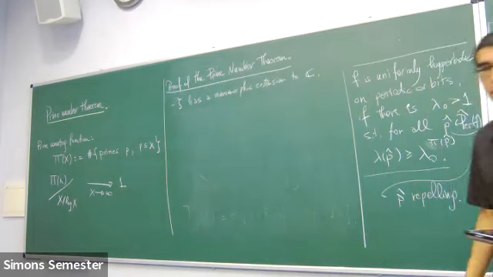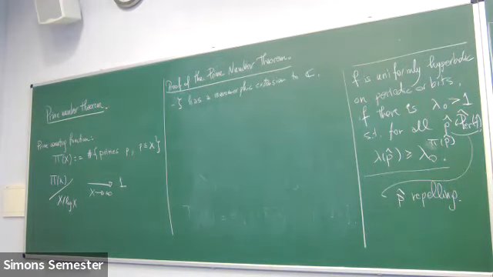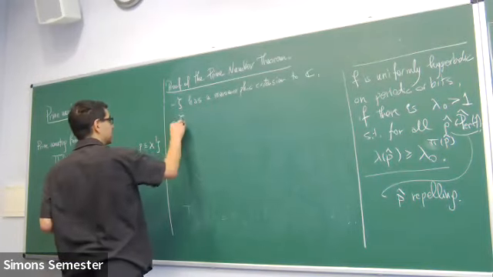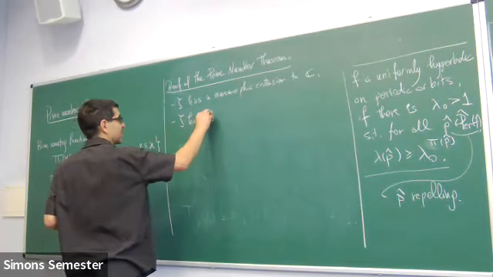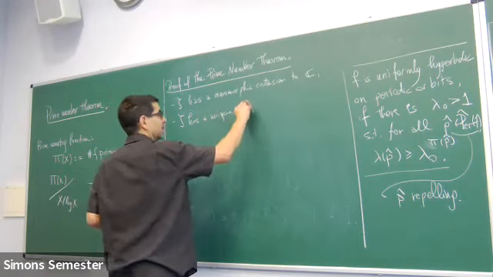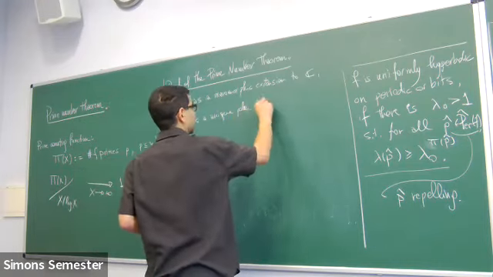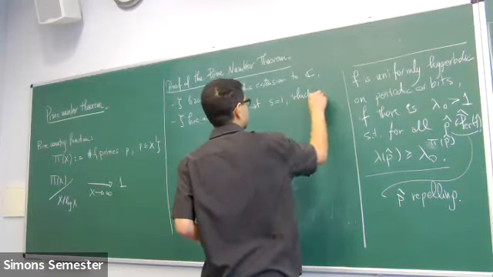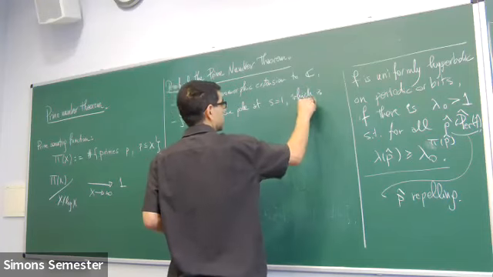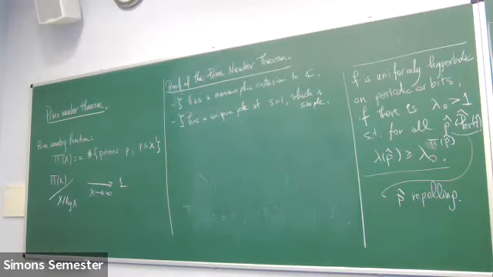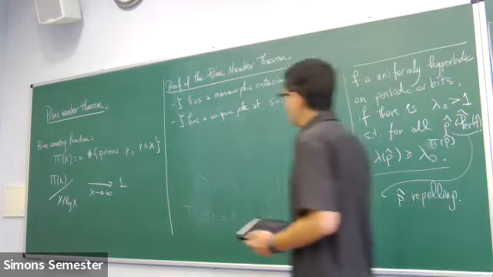Now, this extension has a unique pole at 1, and this pole is simple. In some sense, that's responsible for the main term of the growth.